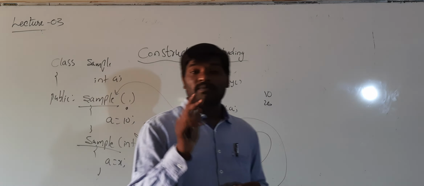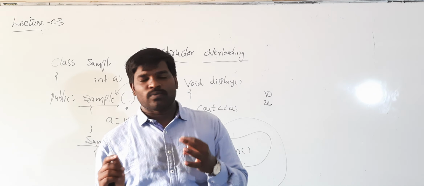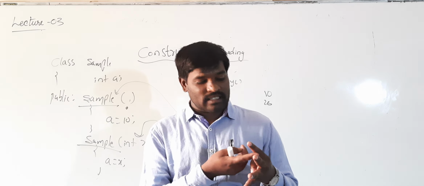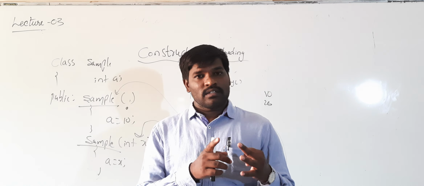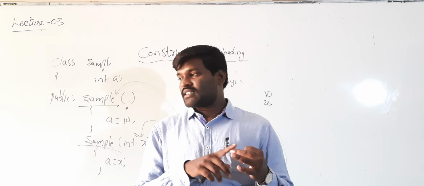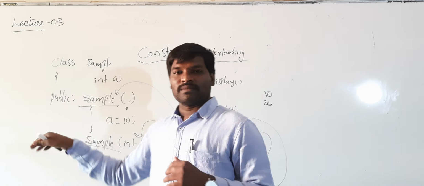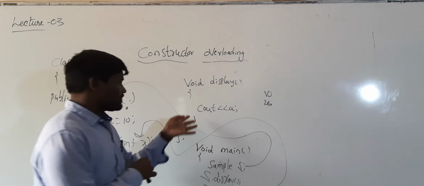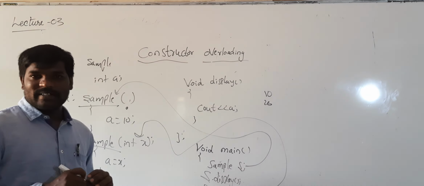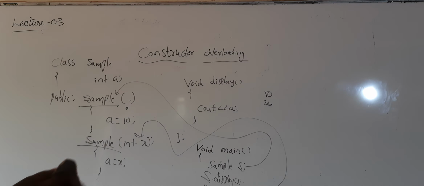In constructor and destructor there are only three to four topics: what is a constructor and types of constructor, constructor overloading, destructor, and invoking the parameterized constructor function. That will come in the next class, in the next topic. Okay, so this is constructor overloading. Now I will solve another example.